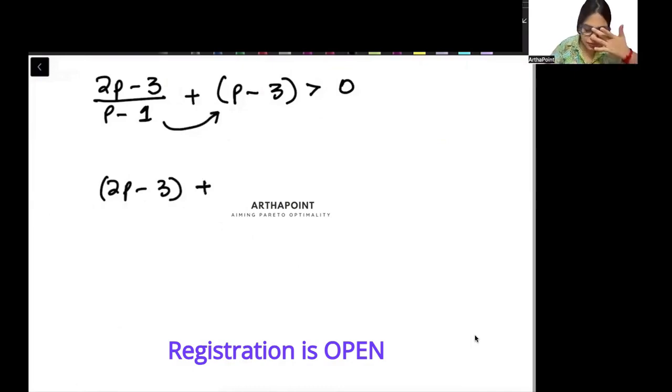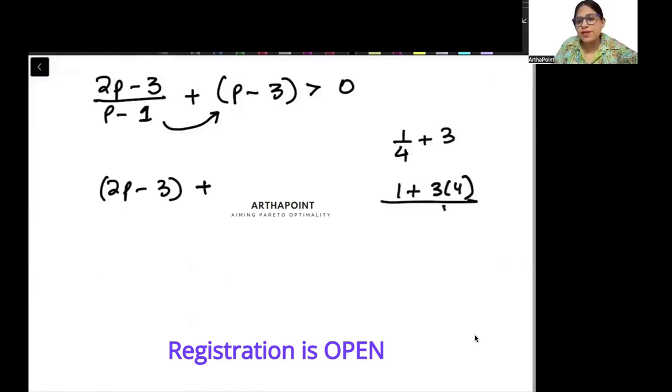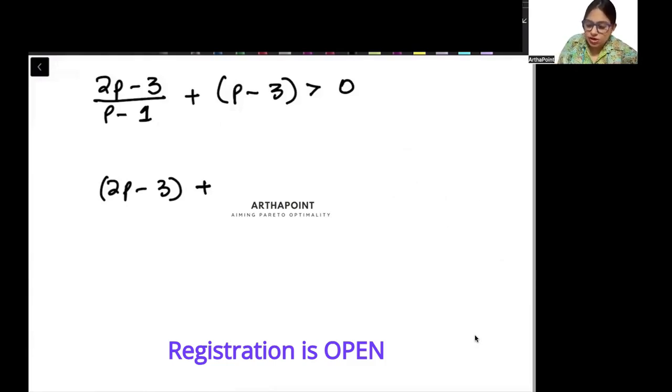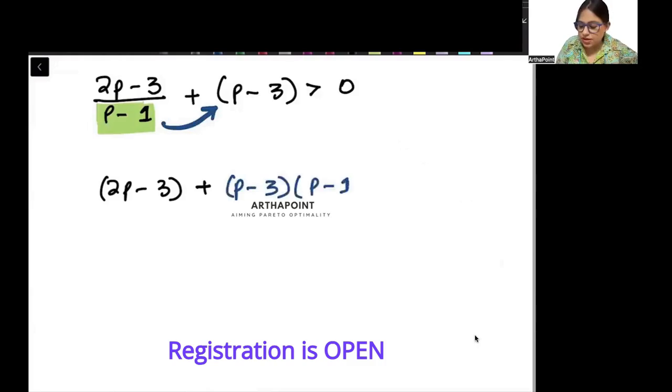For example, if I ask you what will be 1 by 4 plus 3, what do you do? 1 plus 3 into 4 by 4, you can take it in the numerator. On a similar basis, I can take this in the numerator now. So this will be plus (p minus 3) into (p minus 1) upon (p minus 1) greater than 0.